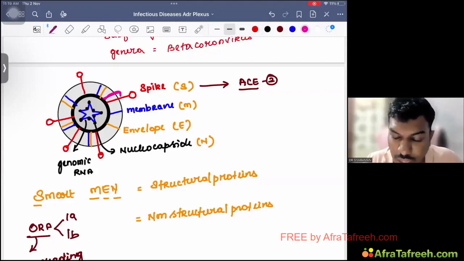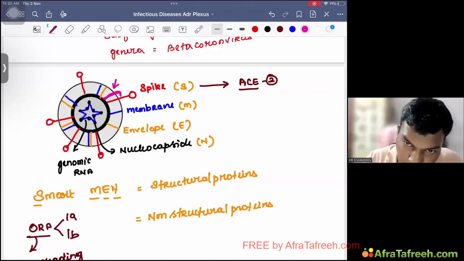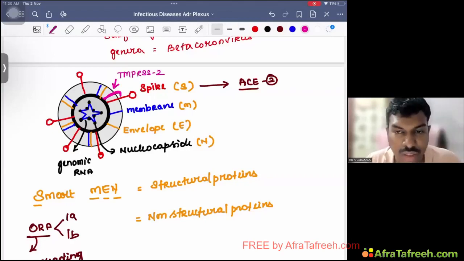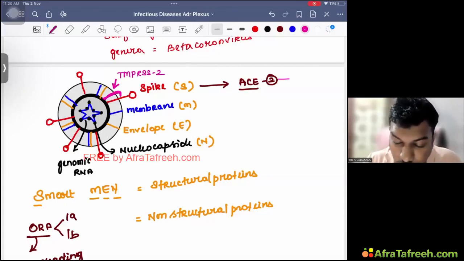That is called TMPRSS2. So the spike protein facilitates the entry of the virus by attaching to ACE2 of the host cell.